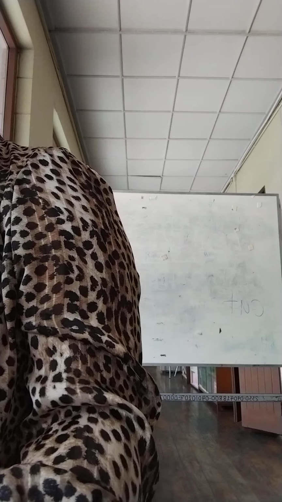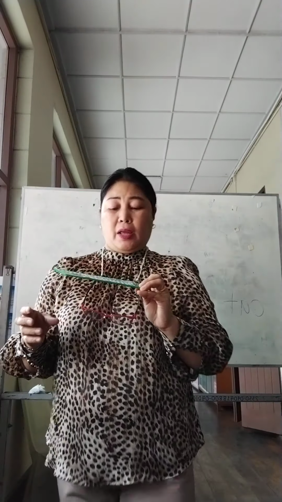Then, we have here the examples. The examples are about ordering and comparing integers. Teacher, why are we comparing? We are comparing and ordering from smaller to greater, or smaller to bigger.